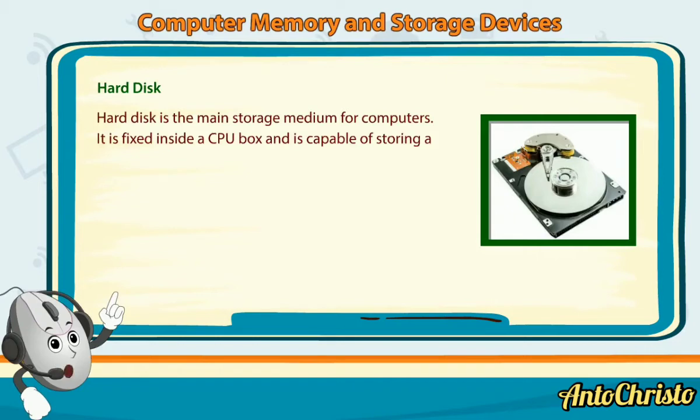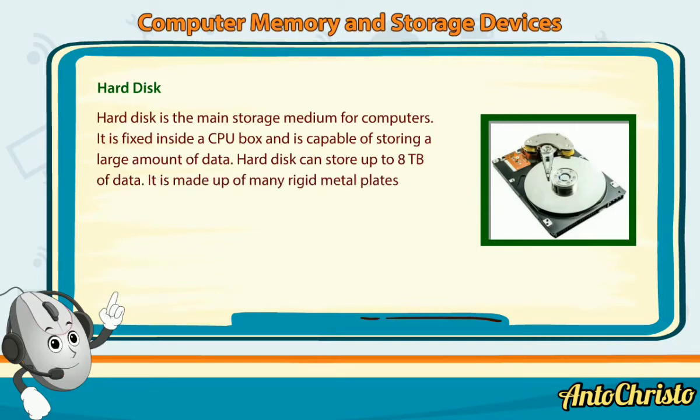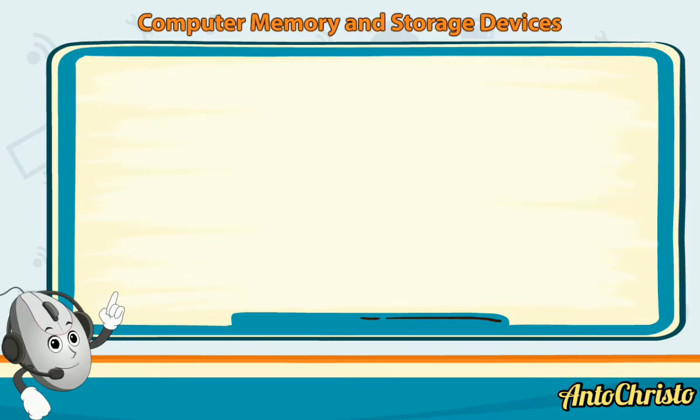It is fixed inside a CPU box and is capable of storing a large amount of data. Hard disk can store up to 8 TB of data. It is made up of many rigid metal plates coated to store data magnetically. A hard disk rotates while it is being recorded.